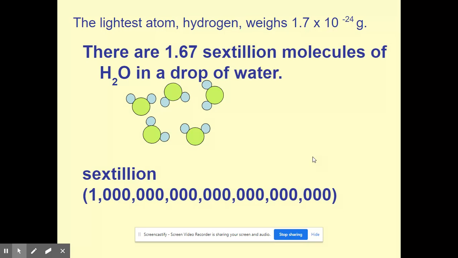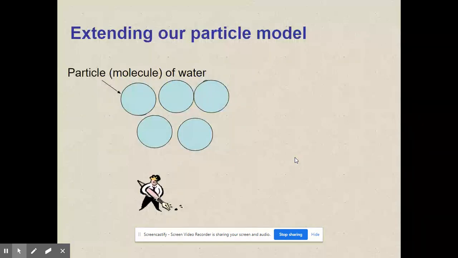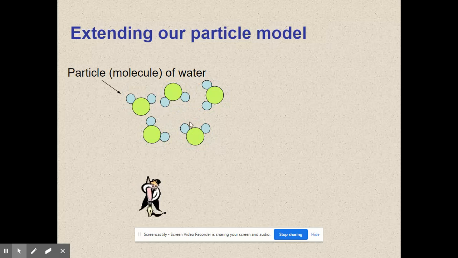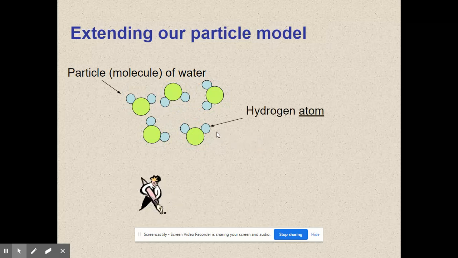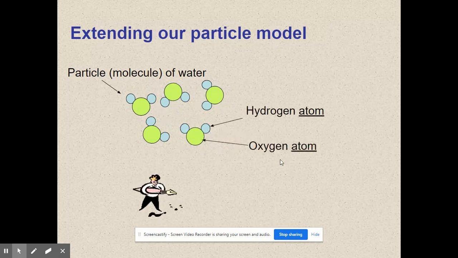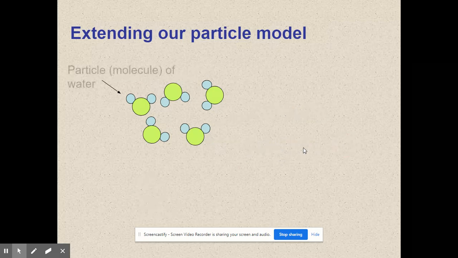But in every drop of water, there's 1.67 sextillion molecules. So a molecule is small, atoms are even smaller. Okay, so when you magnify this water particle, what you would see is two blues and one yellow. If we magnify the blue one a little more, you would see something that's made up of smaller particles. And then the oxygen atom. So water is H2O. Okay, that's one molecule.